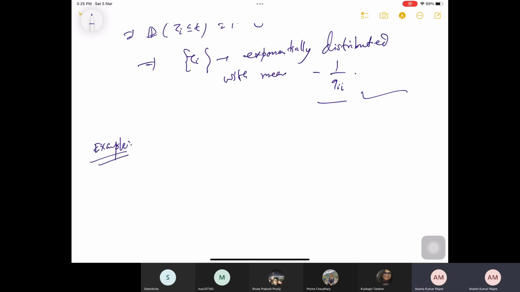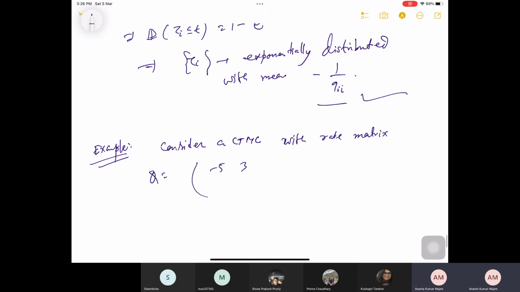Okay, so consider a CTMC with rate matrix Q, which I have as minus 5, 3, 2; 1, minus 3, 2; 2, 4, minus 6.